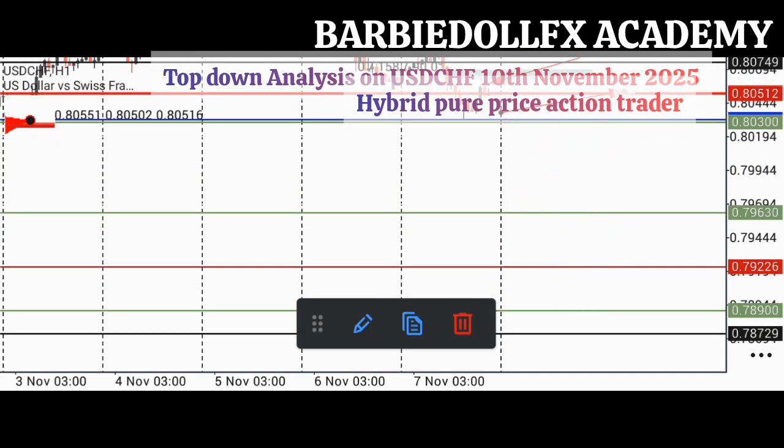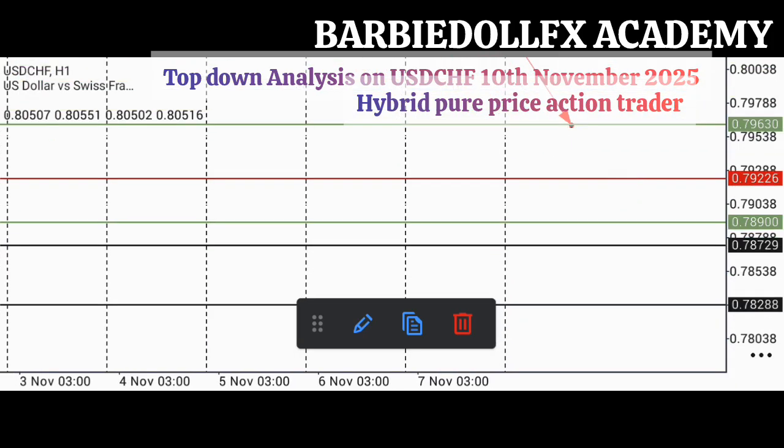I always use my previous weekly or monthly, or I can round it in between, depending. I always like targeting 3RR or more, so that once I take this TP1, I either break even or put stop loss at entry, because once it gets here, it will retrace back before going downstairs again.